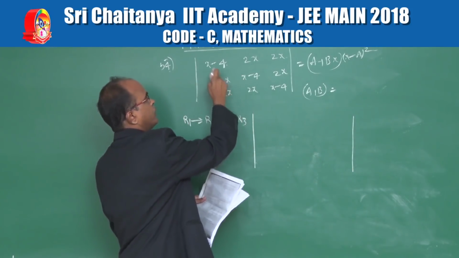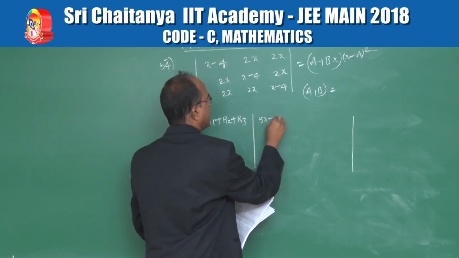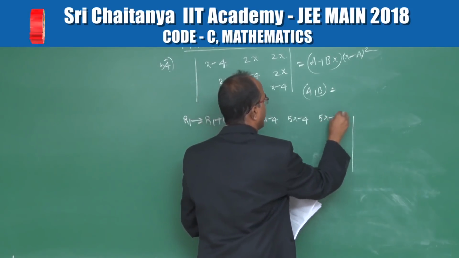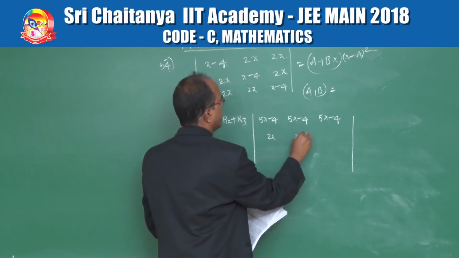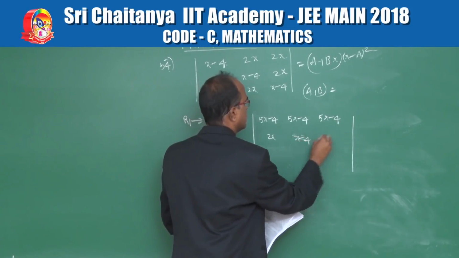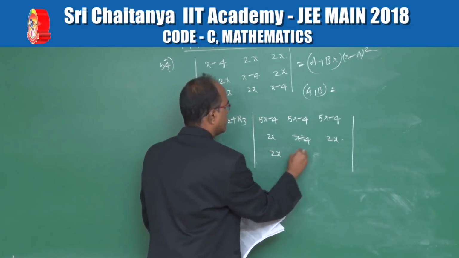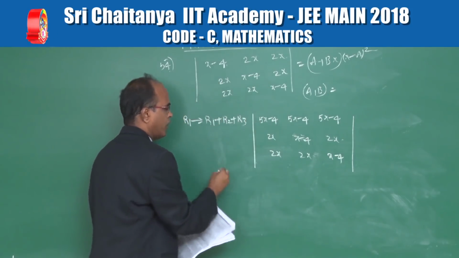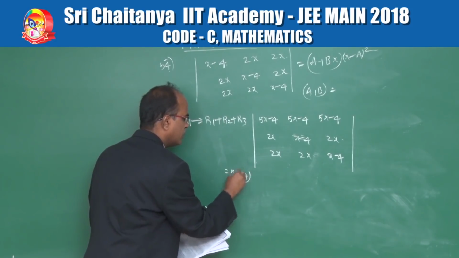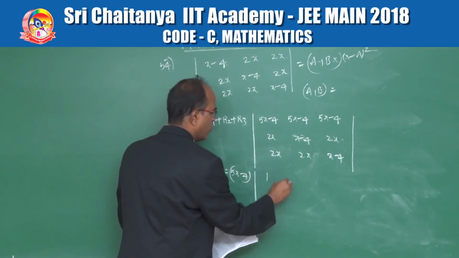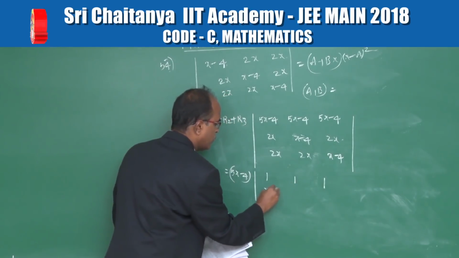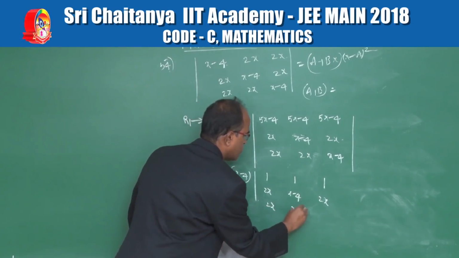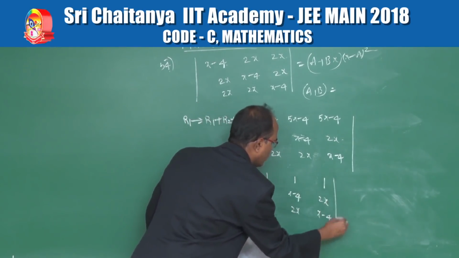so 2x plus 2x plus x minus 4, that is 5x minus 4, here also 5x minus 4, here also 5x minus 4, the remaining 2 rows remain same, 2x, x minus 4, 2x and 2x, 2x, x minus 4, and we can now take 5x minus 4 common, giving you the determinant 1, 1, 1; 2x, x minus 4, 2x; and 2x, 2x, x minus 4.